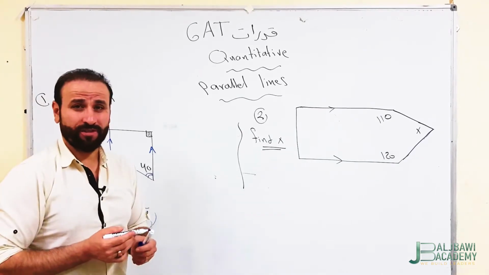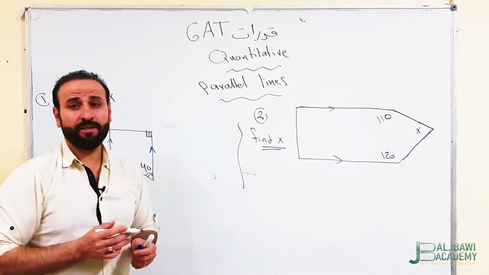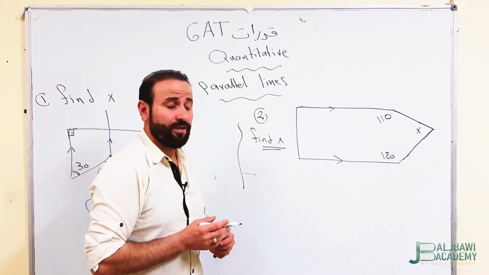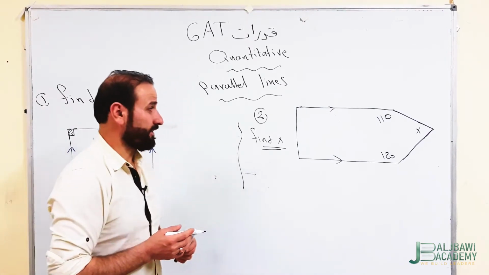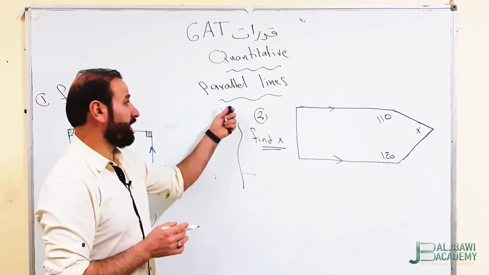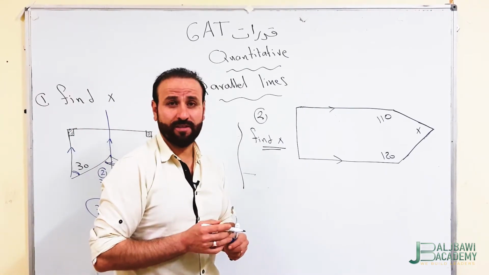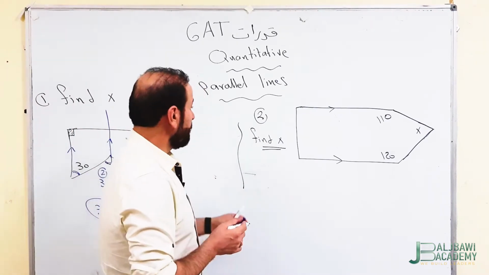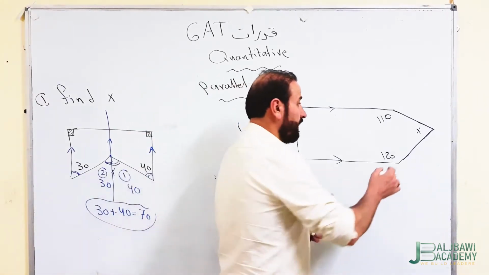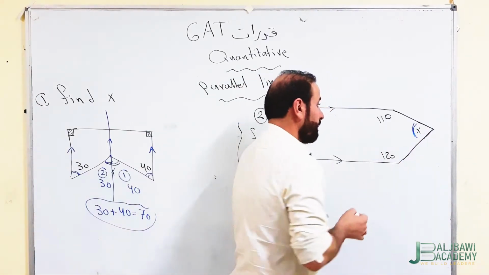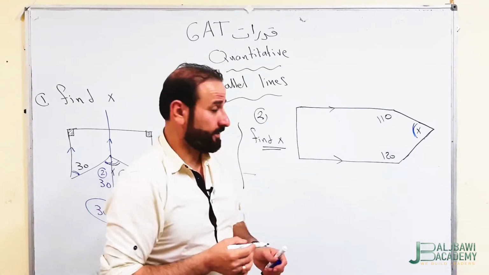This is a similar question, but in this question we don't depend on interior alternate angles. We depend on parallel lines, but here we want to focus on interior angles. Now we want to find the value of the angle x. What's the value of x?